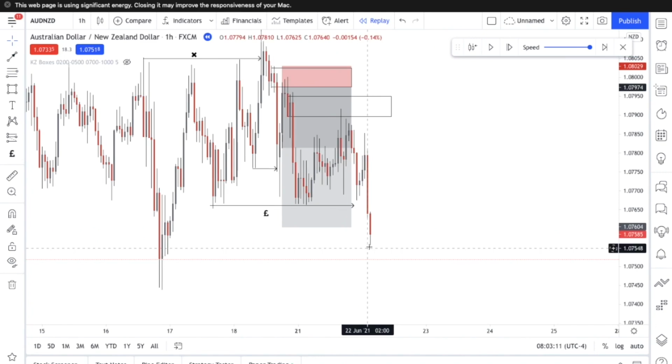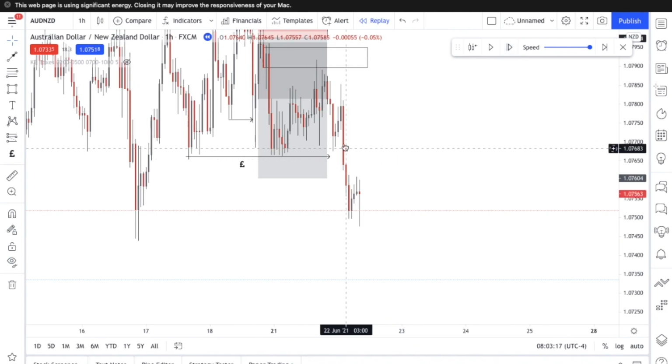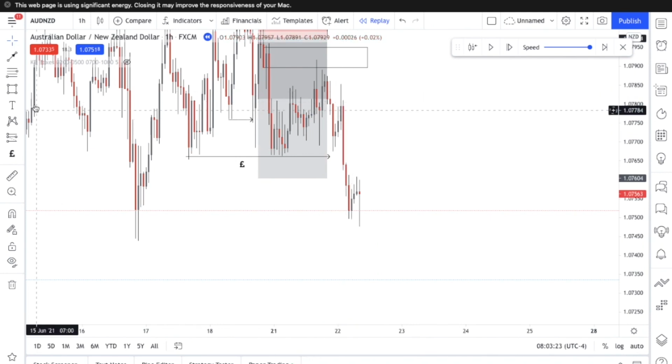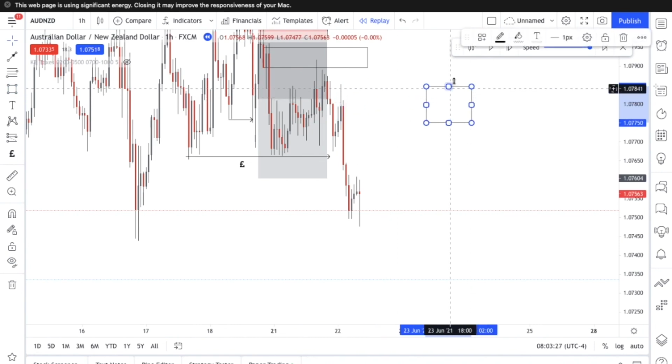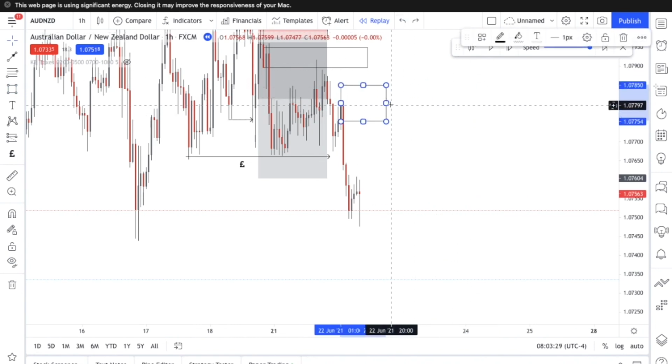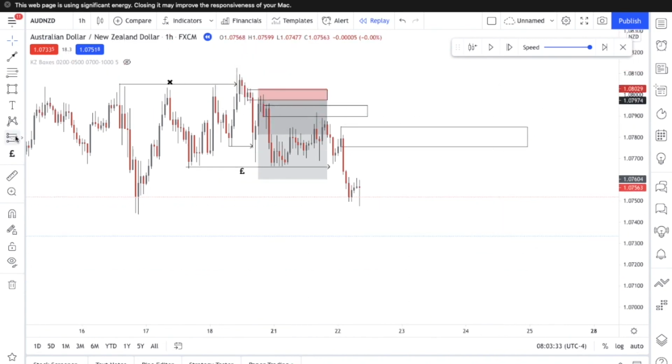Now we've got that additional break of structure. But what did price create? What is all of that? Imbalance, right? We now know price has to come back to fill in that imbalance and mitigate off that last area of supply. Right, so all of these would be areas to re-enter on.